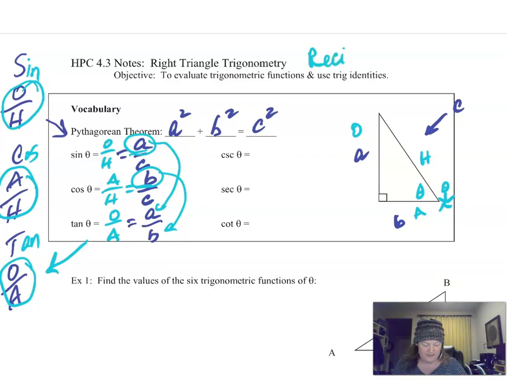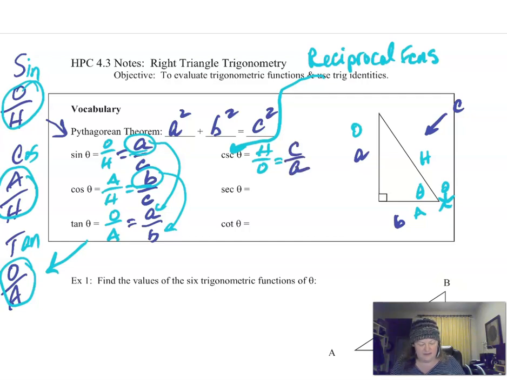So cosecant is the reciprocal of sine, which means it's H over O, and in our picture that is C over A. The next one is H over A, and then A over O. Based on the picture, H over A is C over B, and tangent is flipped upside down, so it's B over A. You should be able to know which ones go with which.